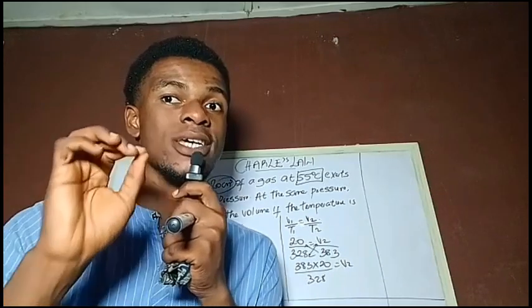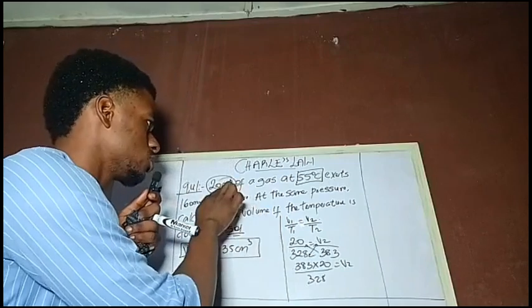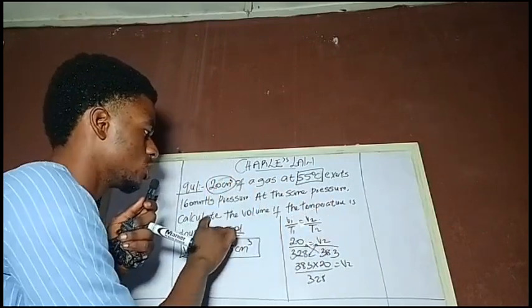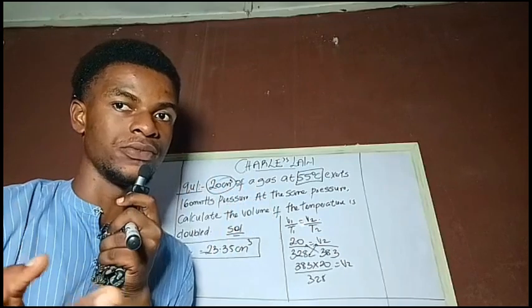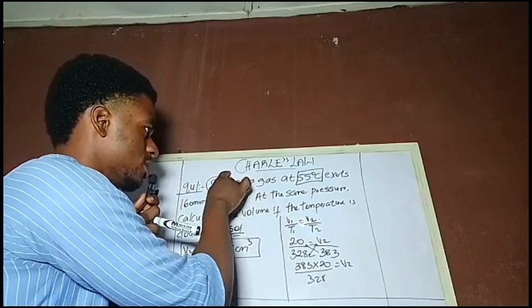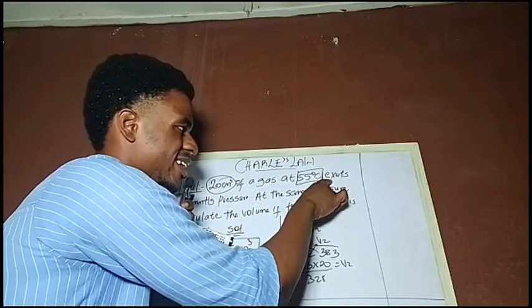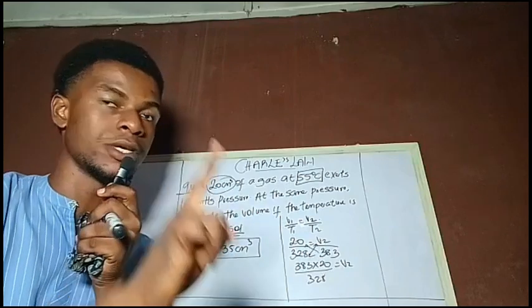Now I'm going to make a quick recap. A question is given to us, and they ask us to get the volume. This question is on Charles' law. They said 20 centimeter cube of a gas at 55 degrees Celsius exerts a pressure of 160 millimeter mercury.